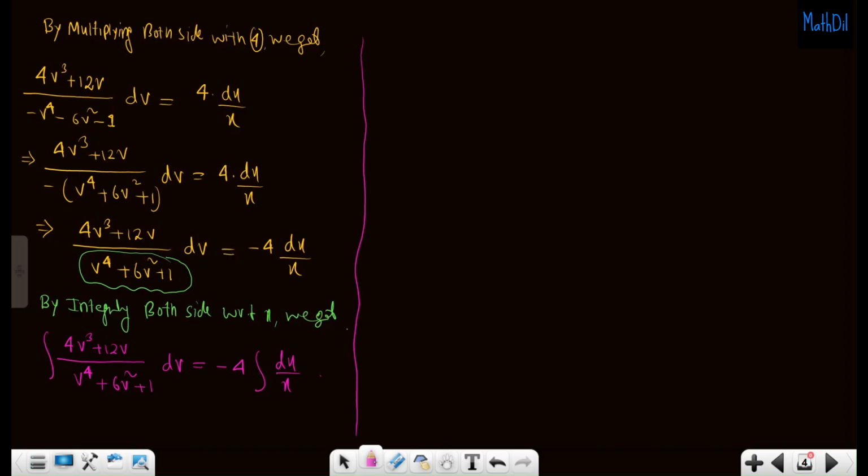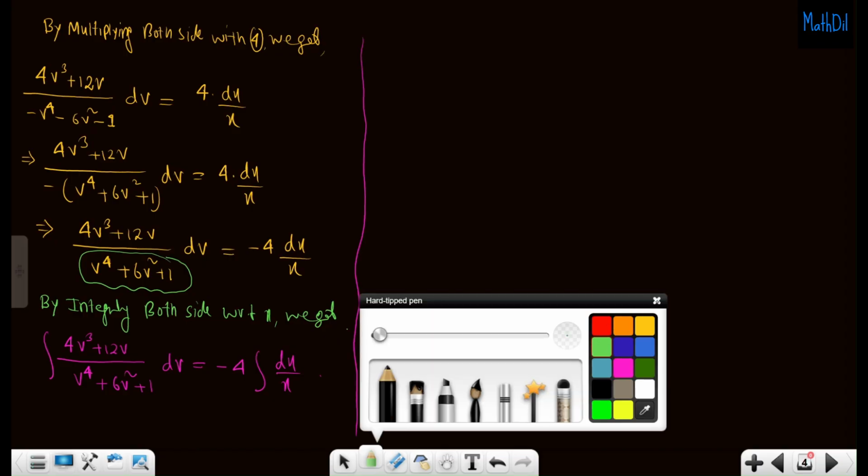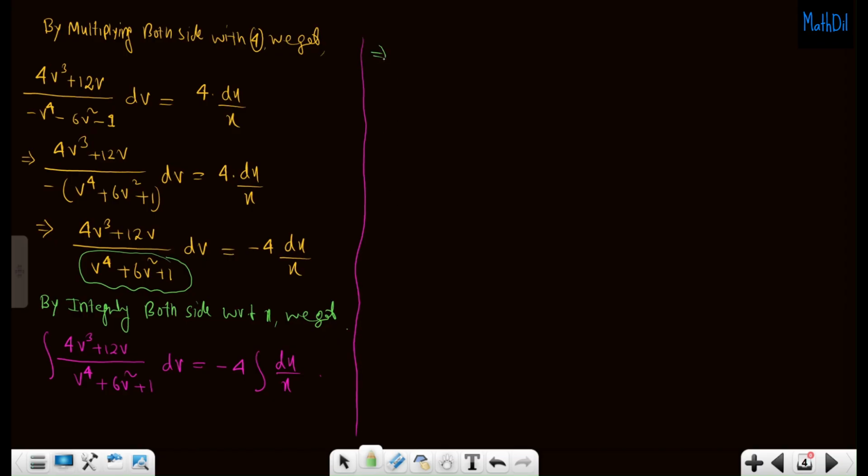So when you integrate, you will get this term. Since this is the derivative of this term, it will be log of v to the power 4 plus 6v square plus 1, right, and it will be equal to minus 4 into what is the integration of 1 by x dx?